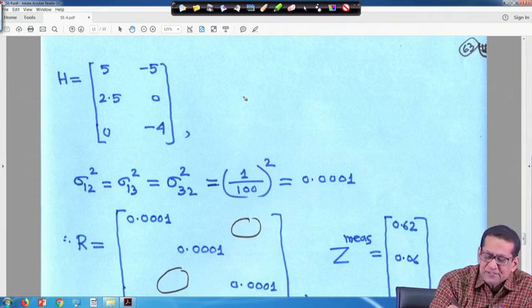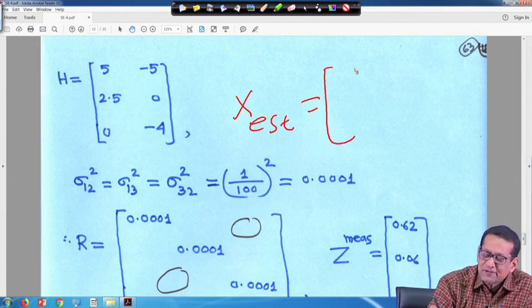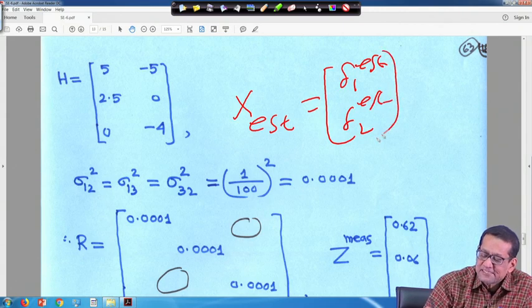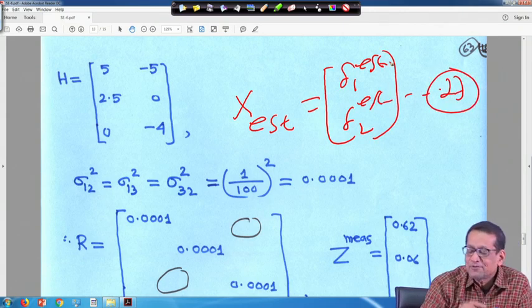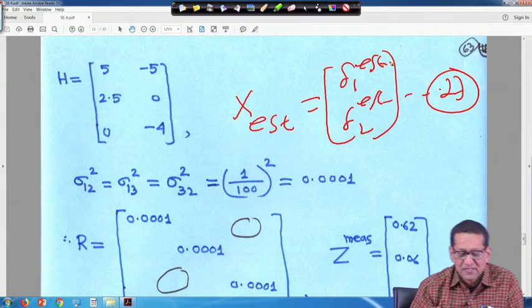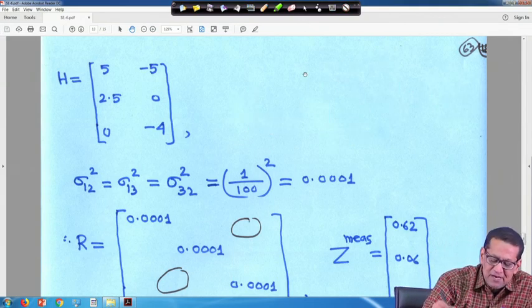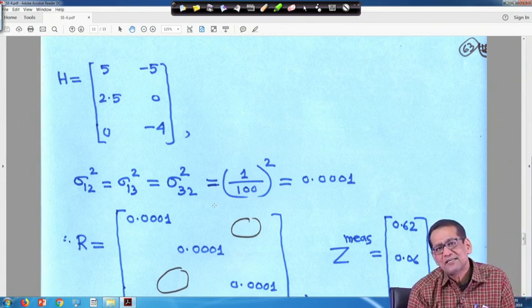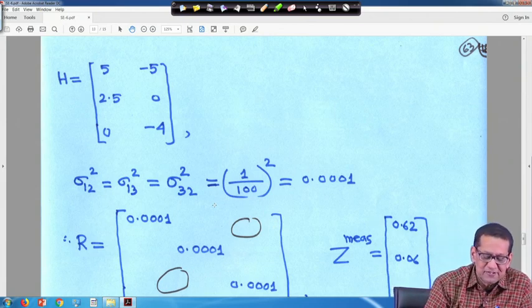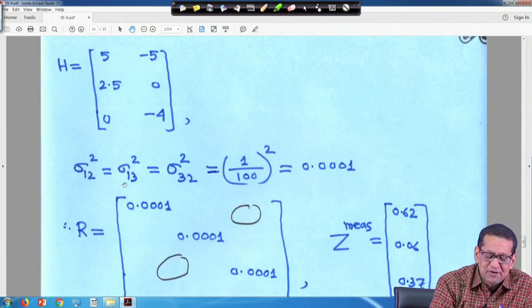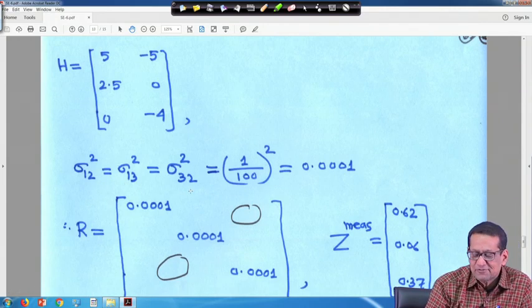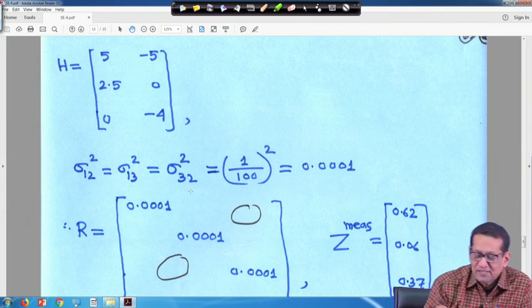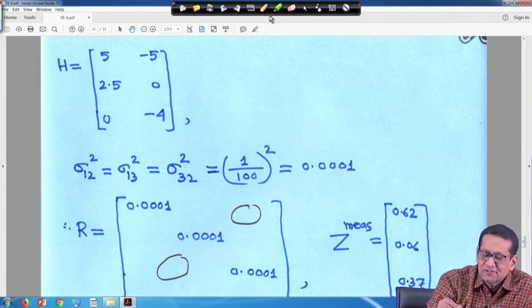And another thing, I have missed one equation number in this note: x estimated is nothing but delta 1 estimated and delta 2 estimated, right. It is somewhere around equation number 27, I think. The meters all have the same standard deviation, so their variances sigma 1 2 squared, sigma 1 3 squared, sigma 3 2 squared are nothing but 1 upon 100, I told you, 0.0001, right.